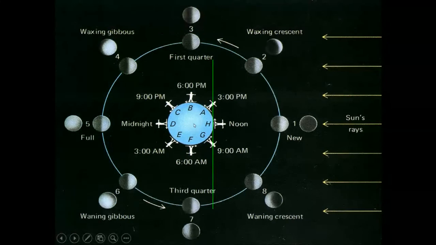So we can say that the new moon rises around 6 a.m. and it will set around 6 p.m. and it will be at the highest point around noon time.